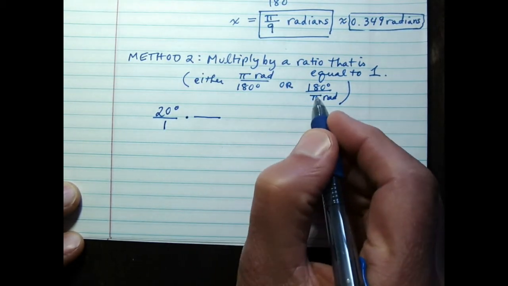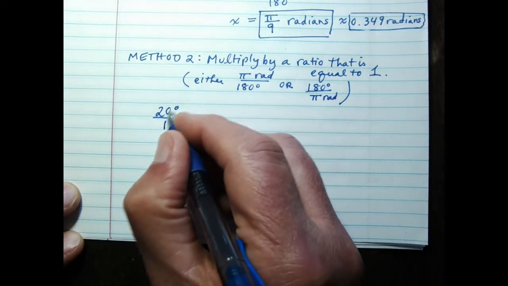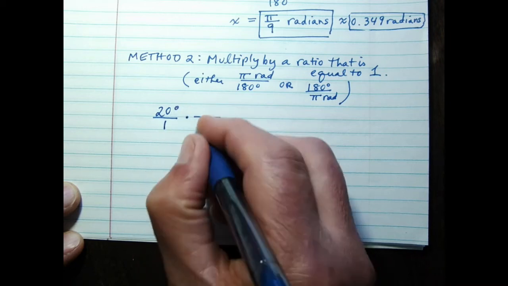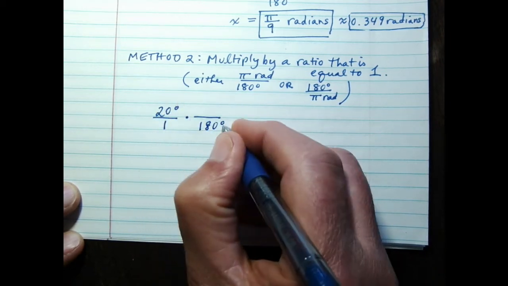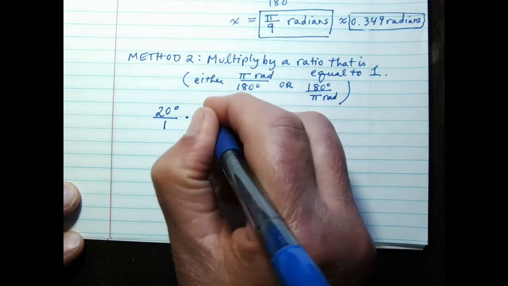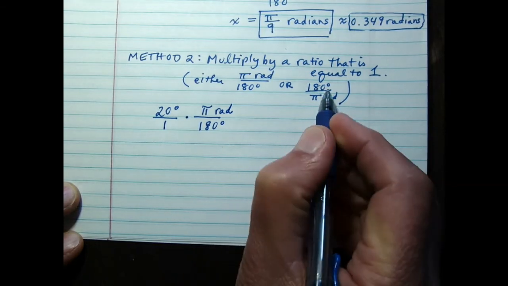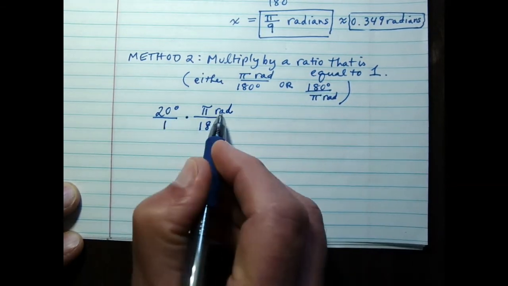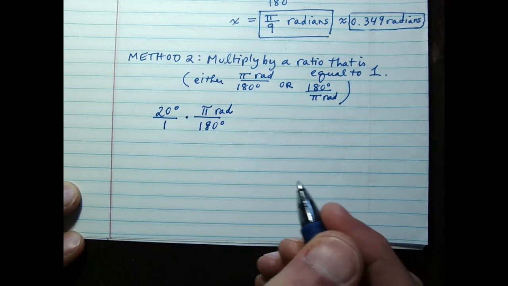I want the degrees to cancel. So I want to pick the fraction here. Because 20 degrees has degrees in the numerator, I want my 180 degrees in the denominator. So degrees cancel. And then I have to write the pi radians up above. So I don't want to use the other fraction because I'd have degrees in the numerator of both. It wouldn't cancel out. Okay?